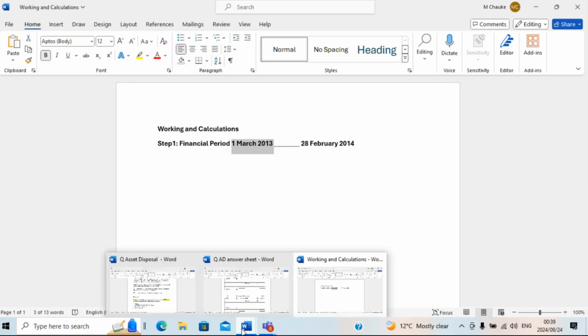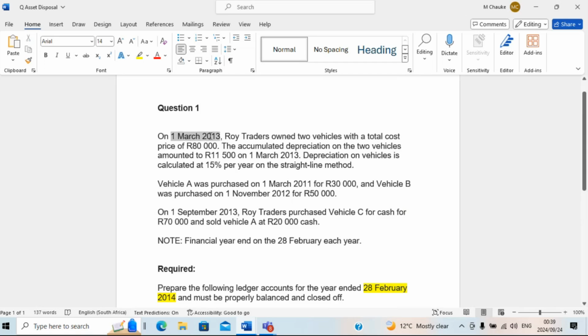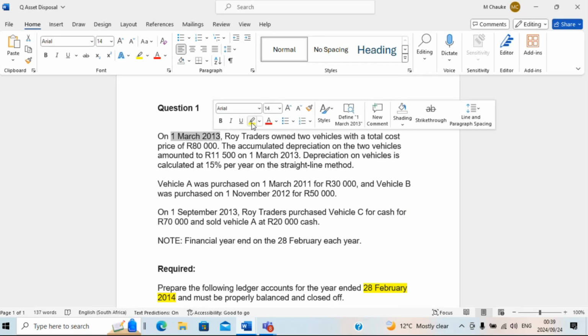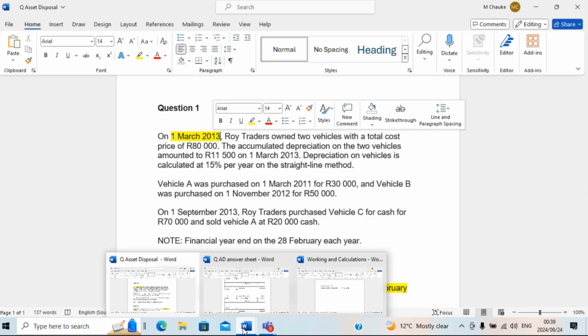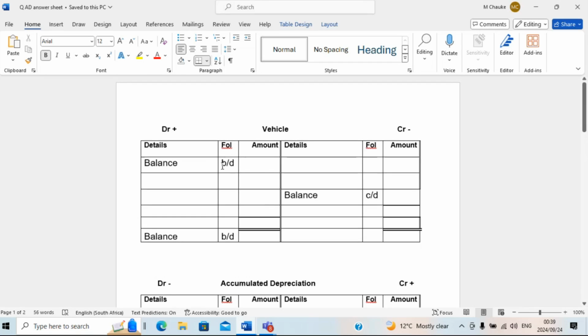So when we go into our question, we realize that they said on the 1st of March 2013, Roy Traders owned two vehicles with a total cost price of 80,000. So this 80,000 cost price at the beginning is going to be our balance brought down. Our balance brought down means opening balance of 80,000 with the vehicles that we have at the beginning of the year, right?